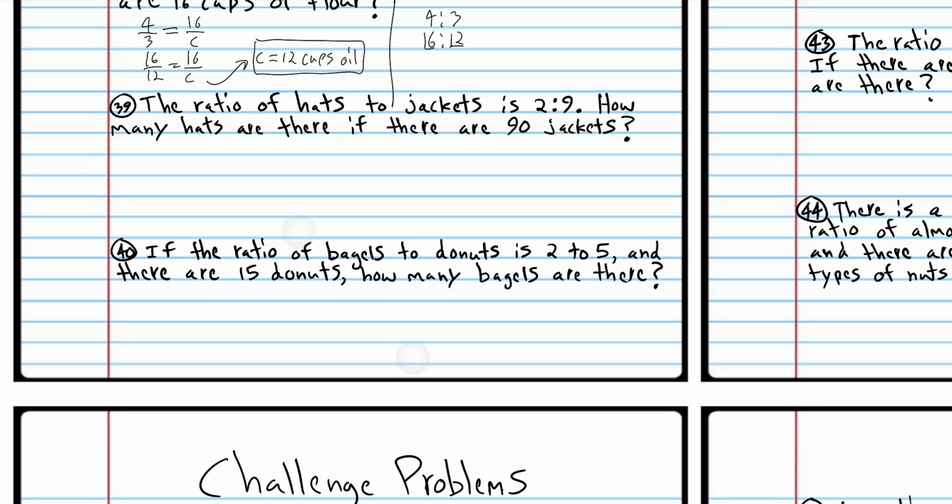All right, we're back. I'm going to use the proportion method. 2 over 9 is equal to hats to jackets. So we'll put H for hats.